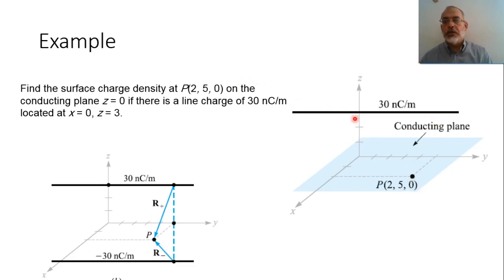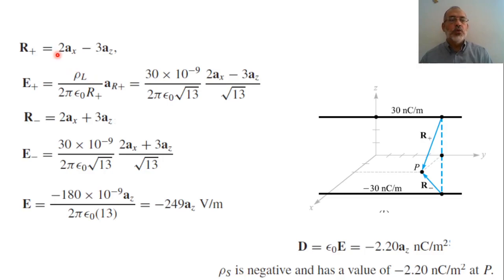So it is x observation minus x of the line, z observation minus z of the line. So 2 minus 0 in x direction, 0 minus 3 in z direction.